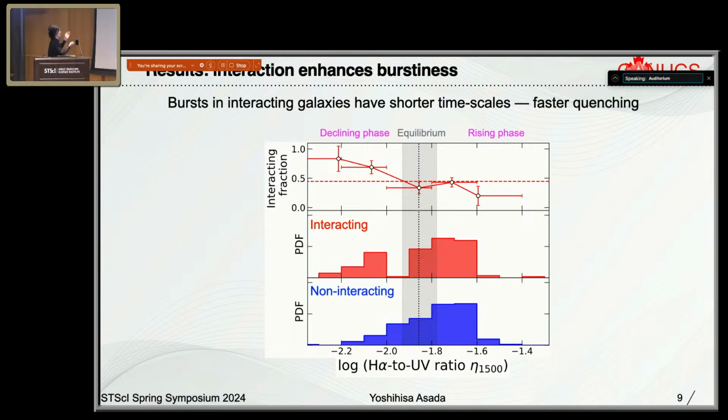This is particularly apparent if we calculate the interacting galaxy fraction for each bin of H alpha to UV ratio, which is shown in the top panel. You can see the clear tendency that this fraction goes higher as the ratio goes lower.